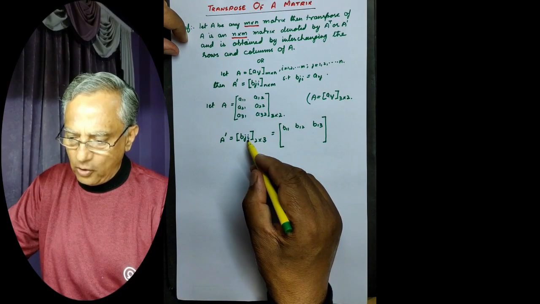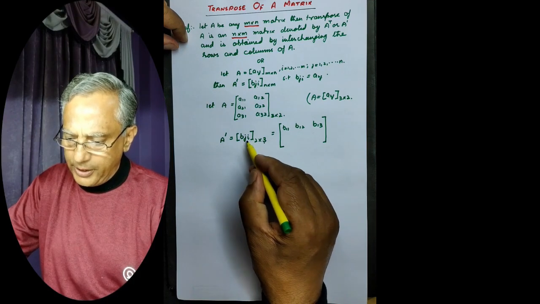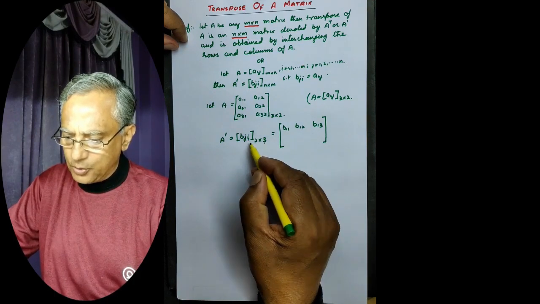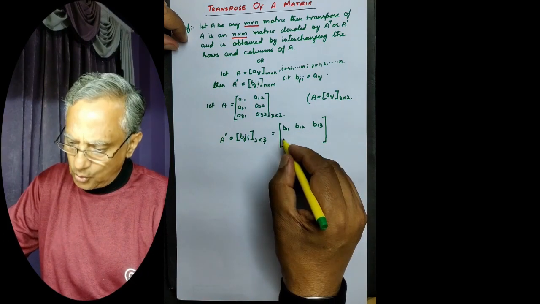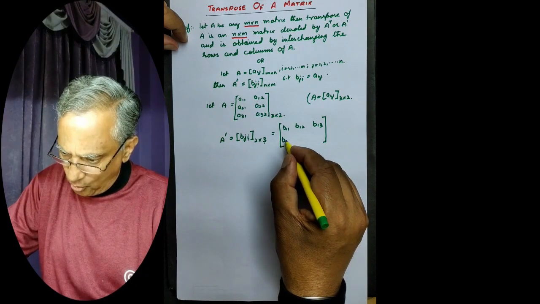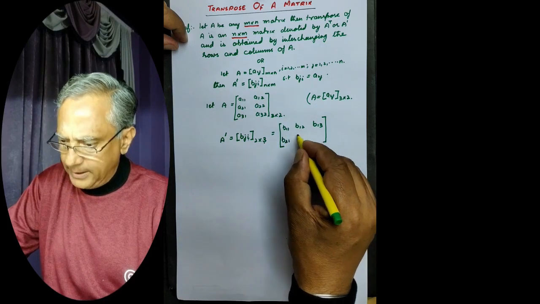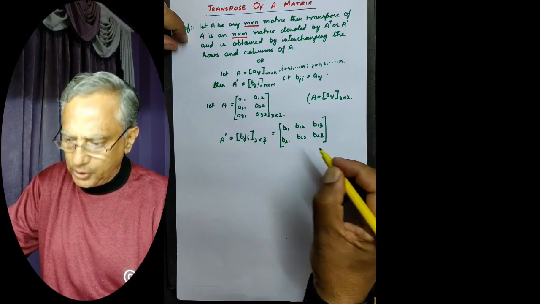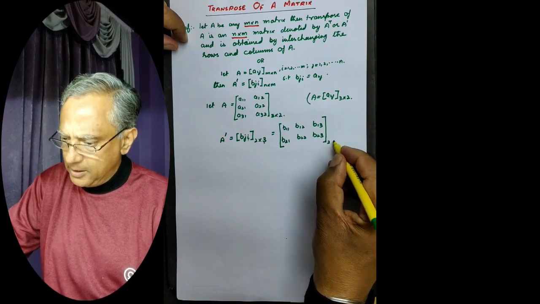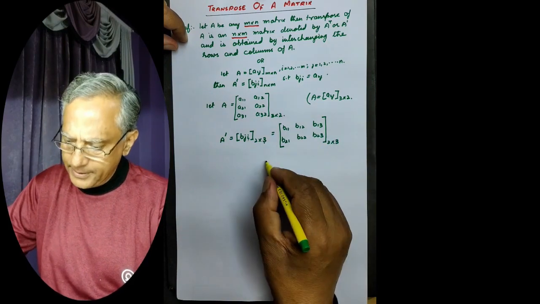Now the column index will vary from 1 to 3 and the row index will vary from 1 to 2, so the second row will be B21, B22, B23. This is a 2 cross 3 matrix.